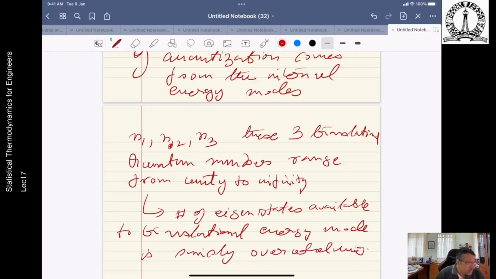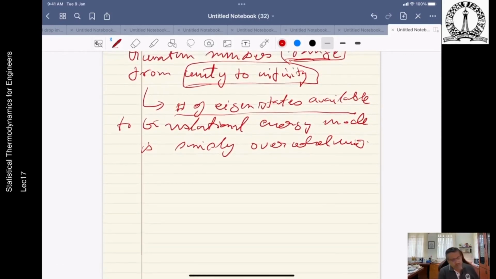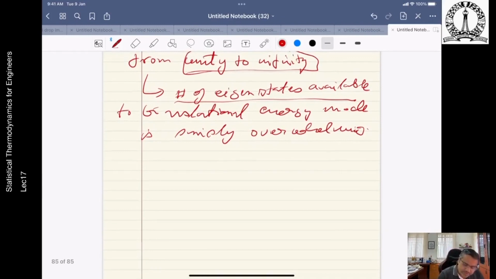So if the cube is three-dimensional, it has a huge range. As a result, the number of eigenstates can also be huge in this particular case. So we have two things: the energy is minuscule and therefore appears continuous, so we need to look at the internal energy modes for evidence.